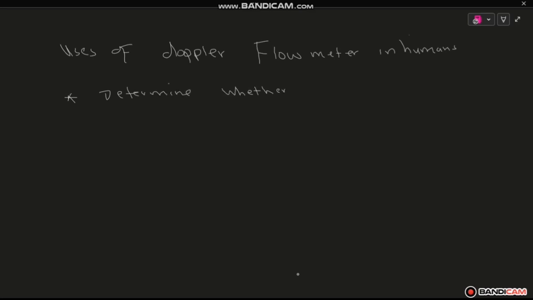So the first use of a Doppler flow meter in humans is to determine whether arteries are narrowed or attenuated. I'm not going to explain this, maybe you know this from life sciences. Then the second one is to determine the heartbeat of a fetus.